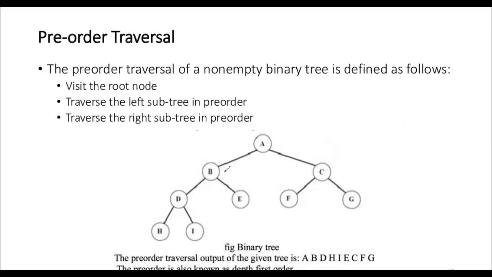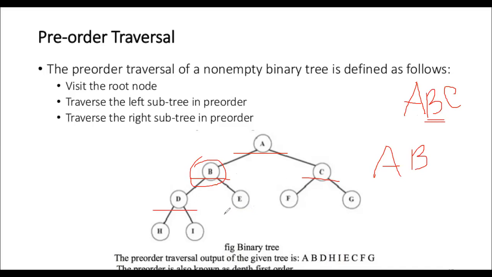So what are the rules? Take the root node, write the left child, write the right child. Left child, right child, done. Again, take the root node, that is B. Here you see B. Write the left child, write the right child.